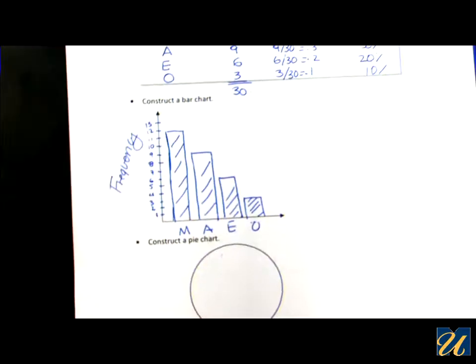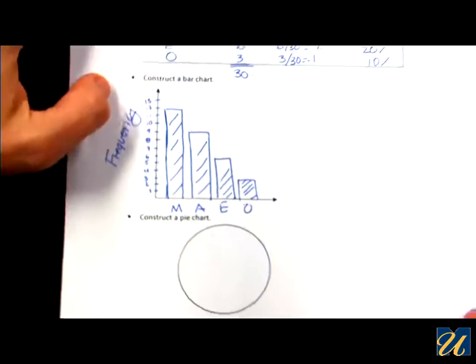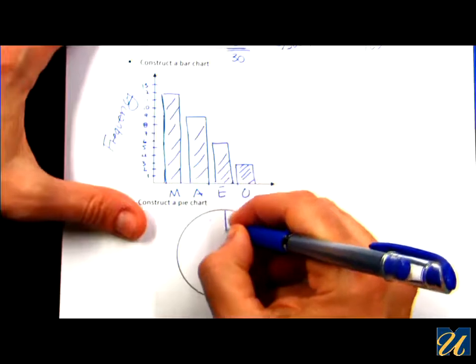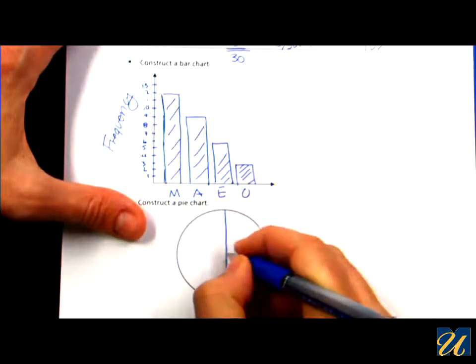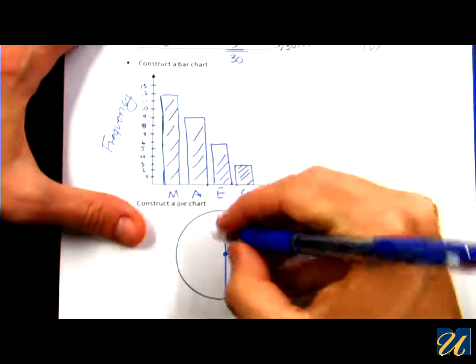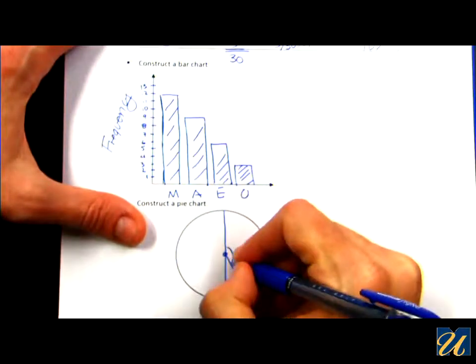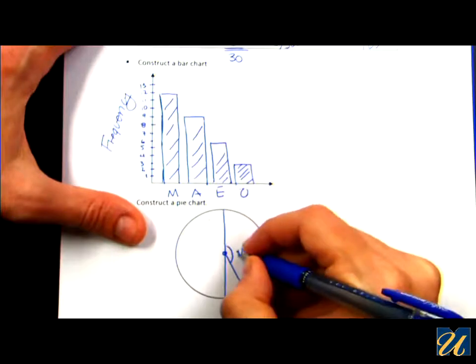If you were to construct a pie chart, you can use the percent frequency. So we have 40% for management.